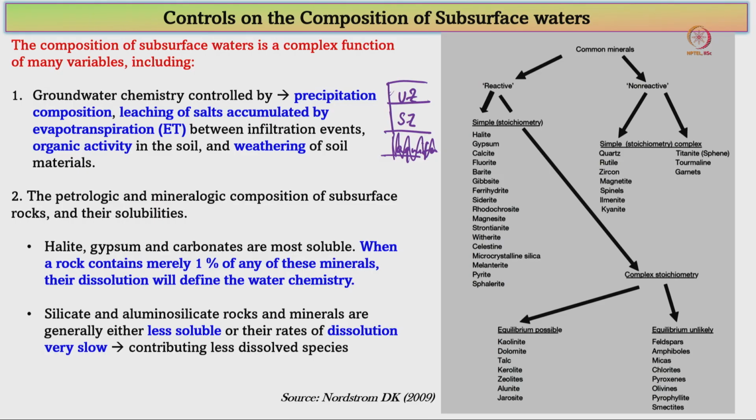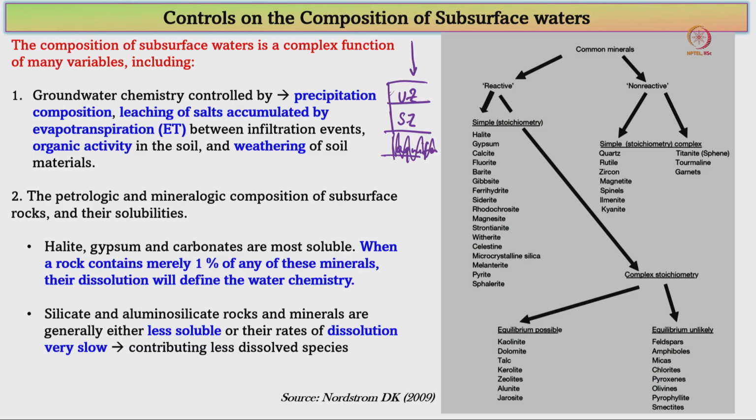So, the first one we talk about is the rainfall. Groundwater composition's first-hand control is the rainfall itself. What is the composition of the rainfall, and not only the rainfall, what is the geology of that area, what is the soil composition of the area? That controls the first-hand composition of the groundwater.